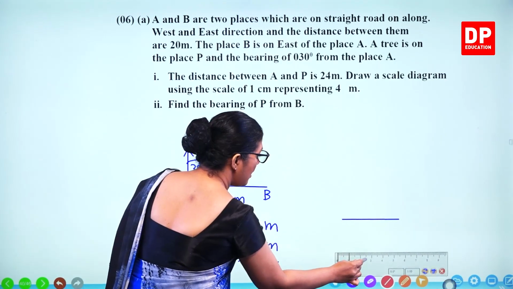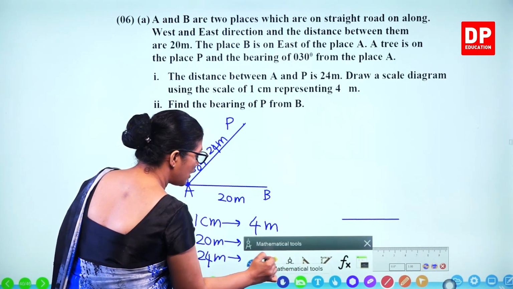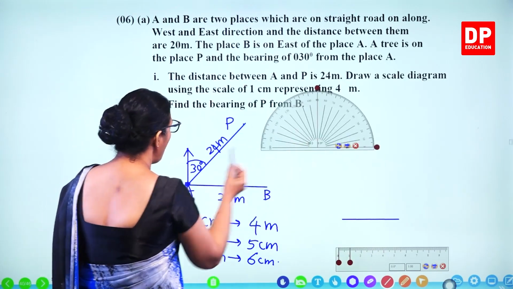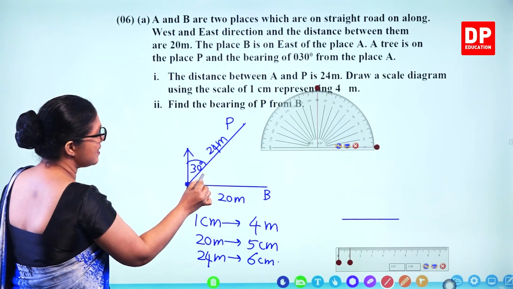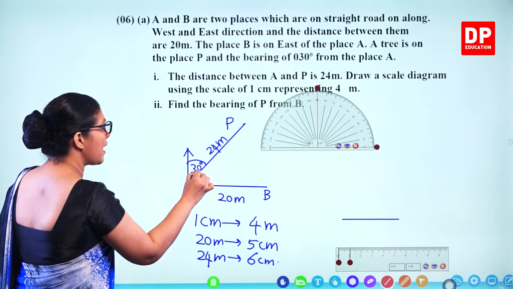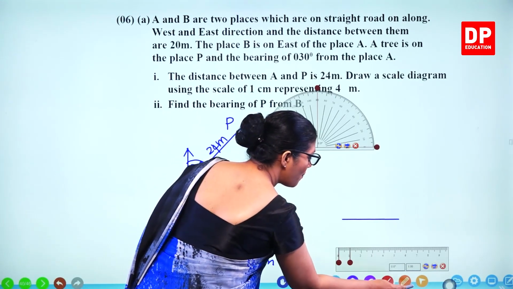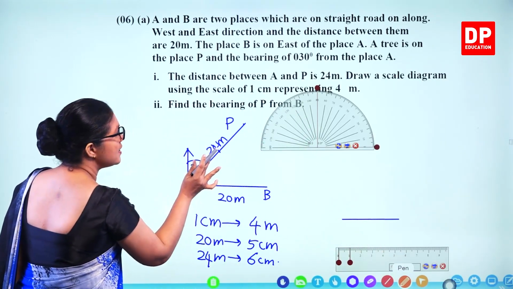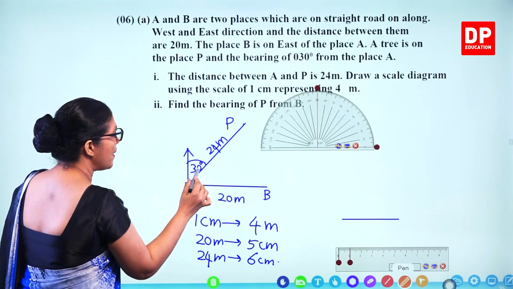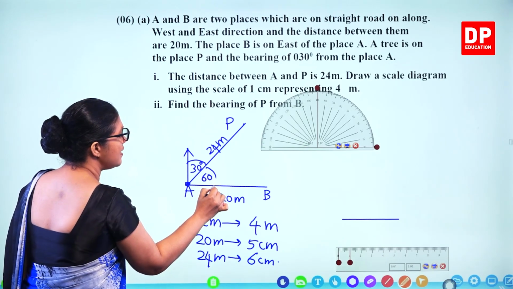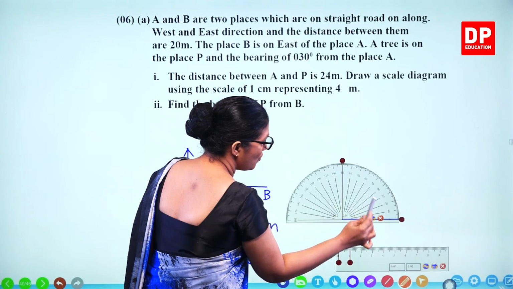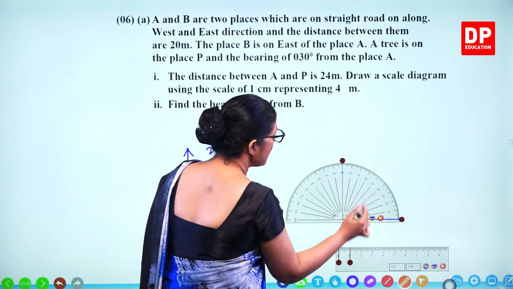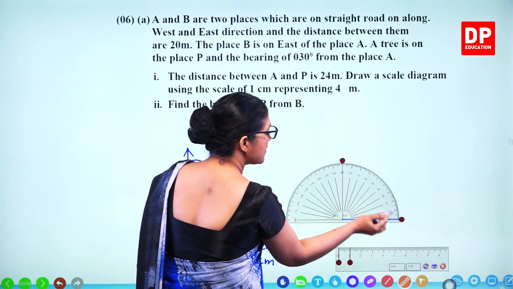Then what you do? You can use the protractor to measure the angle. But now this angle is 30. So what is this angle? 60 degrees. So here we can draw 60 degree angle from there. We can't draw 30 because otherwise you have to draw a perpendicular line. We can easily draw 60 degree angle from here. So you keep the protractor here. So here to here 60 degrees.